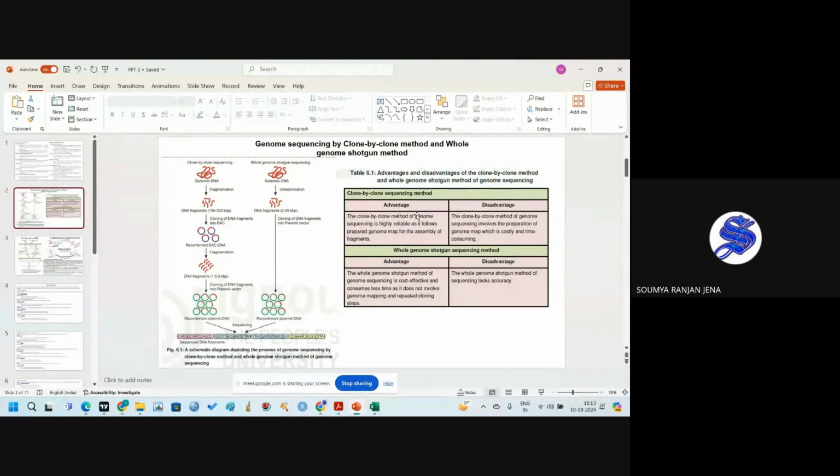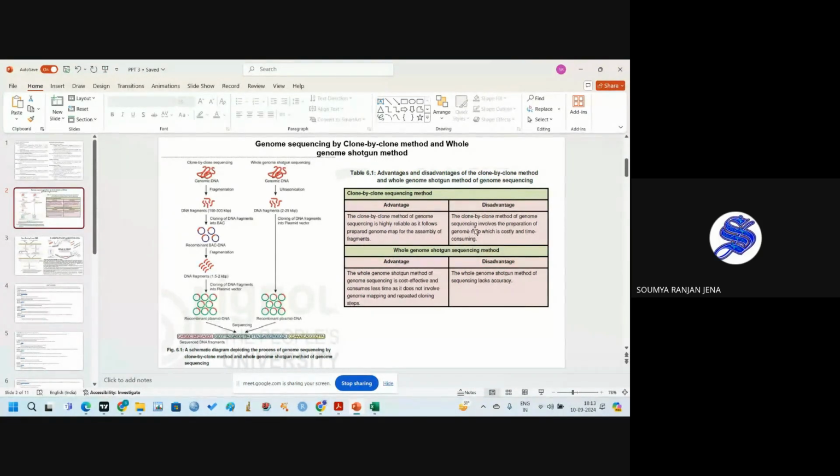What are the advantages of the clone by clone method? Here we have to do the cloning two times, which is mostly expensive, and here it is one time. This is the cheap method. If we see the advantages, the clone by clone method of genome sequencing is highly reliable, as it follows a prepared genome map for assembly of fragments.